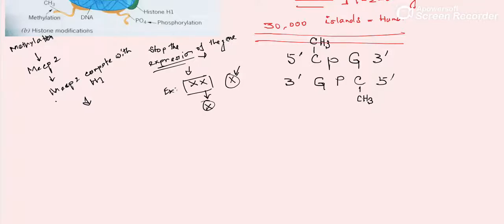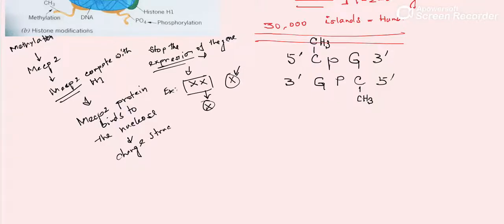If it wins the competition, then MECP2 protein binds to the nucleosome and changes the structure or architecture of the nucleosome.